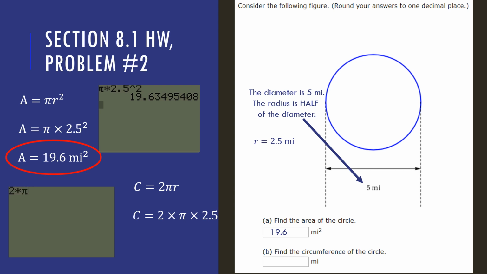That's going to give us our circumference. So rounding to 1 decimal place, the circumference of the circle is 15.7 miles. Circumference and perimeter are always just regular units, and then area is always square units.